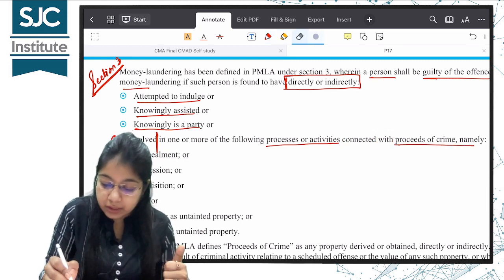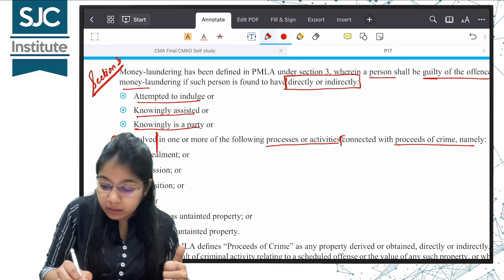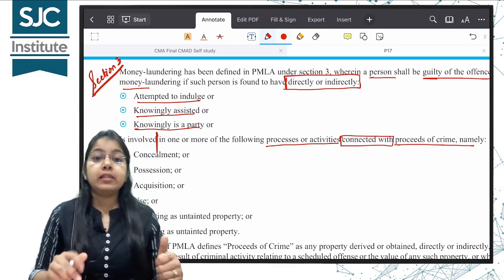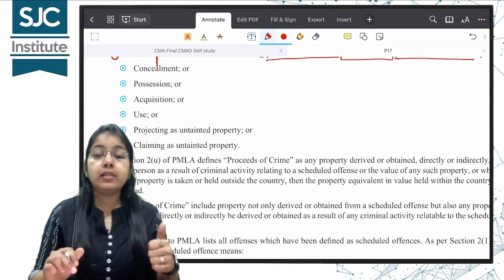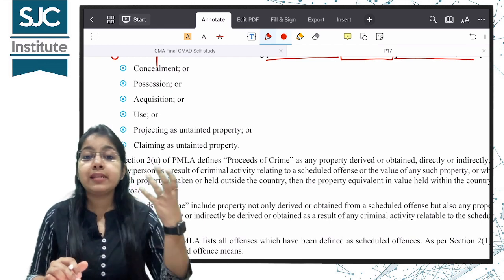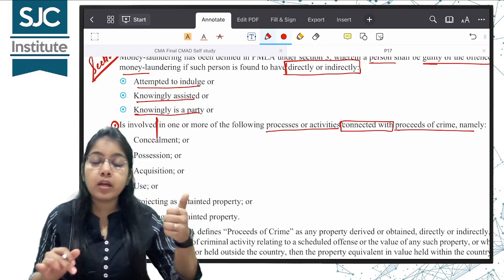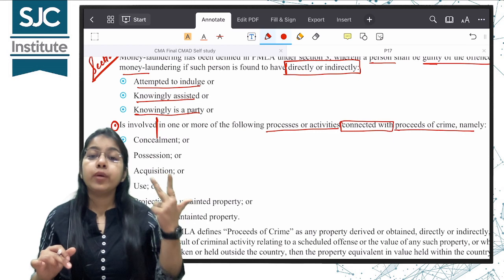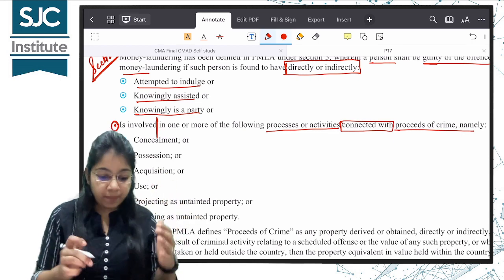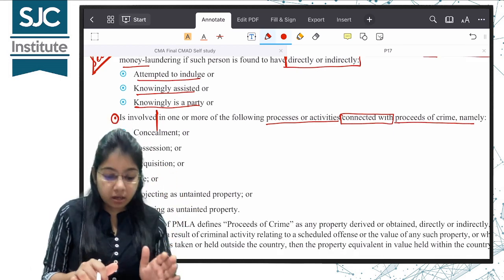What I have done with the proceeds of crime? Either I have concealed. I have, when I say I have, means I have attempted to indulge, knowingly assisted, or knowingly a party, or involved. Okay. In concealment, matlab chupana.